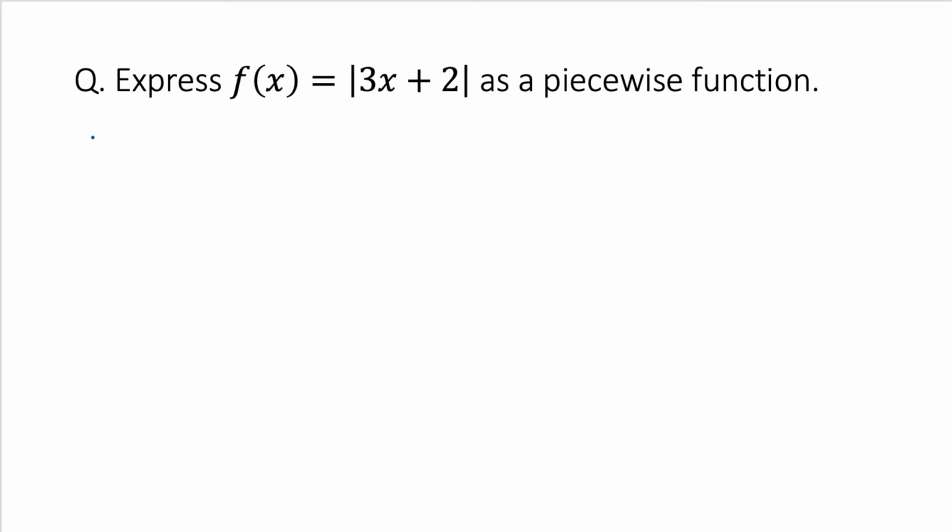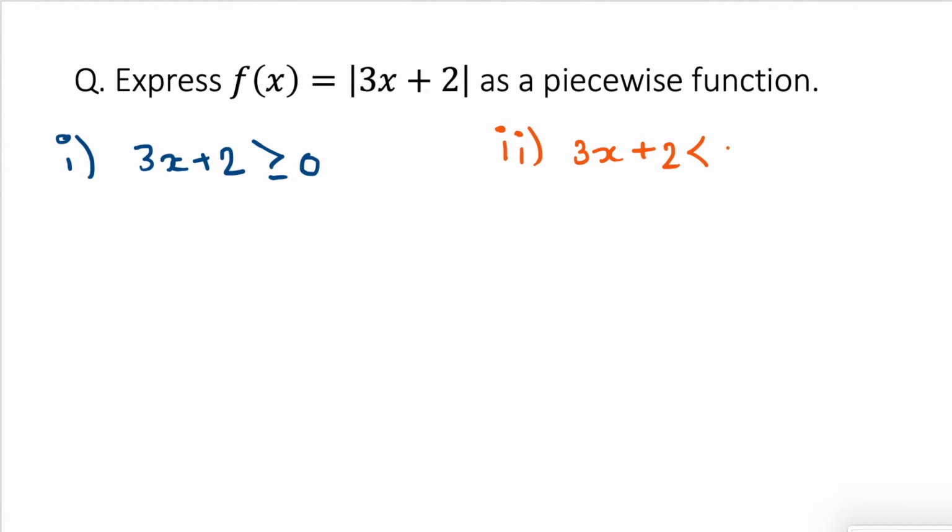Express f of x equals the absolute value of 3x plus 2 as a piecewise function. We need to consider two cases here. When 3x plus 2, which is inside of the absolute value sign, is positive, and another case, when 3x plus 2 is in fact negative. When it's positive, we know f of x will be the same, 3x plus 2, without the absolute value sign.